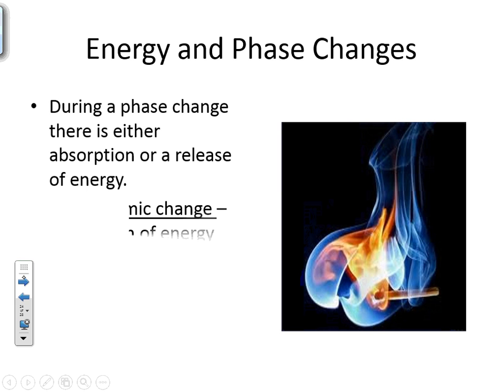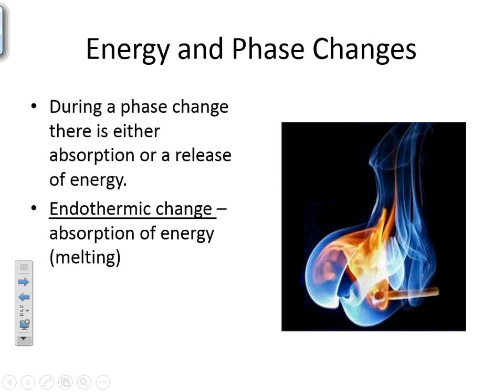And there's a term for each of those. If something is called endothermic, that means it's absorbing energy. The easiest way to remember endothermic is heat is entering. So something is getting warmer. Heat is entering. That's an endothermic reaction.